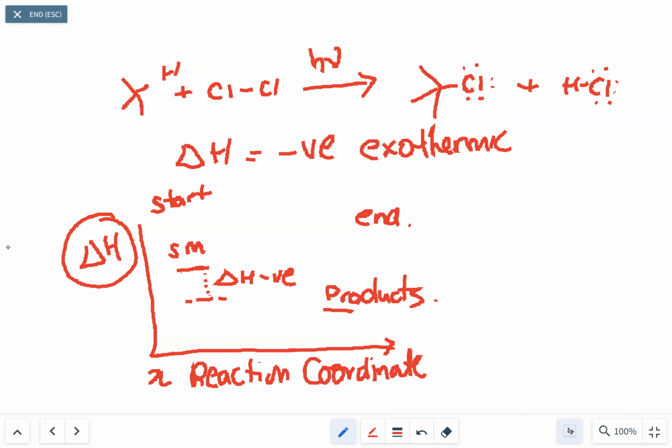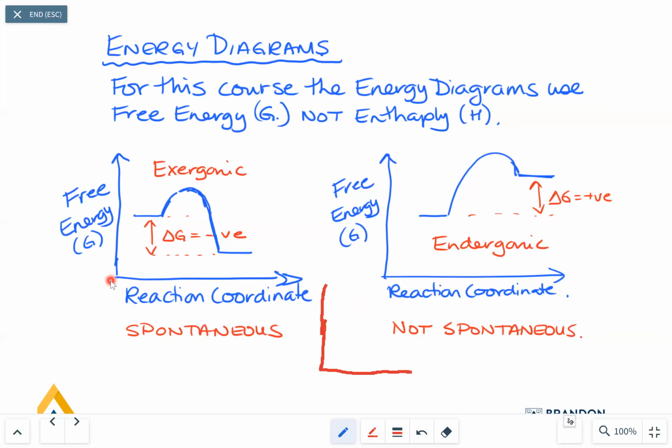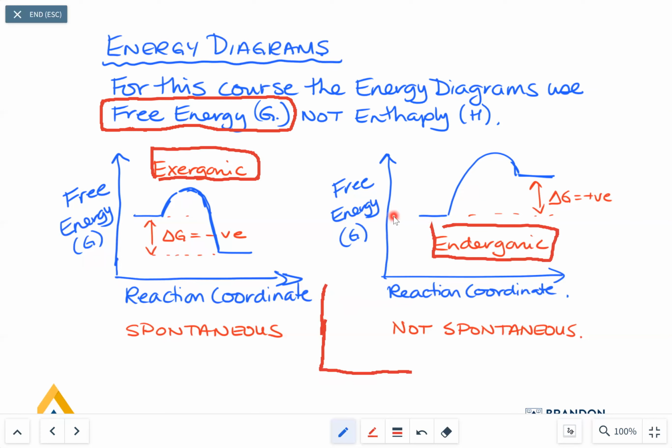So let's go back. So with these energy diagrams which have got free energy, both the enthalpy and the entropy are included. So we don't say that this is an exothermic or endothermic reaction. We say this is an exergonic reaction or an endergonic reaction.